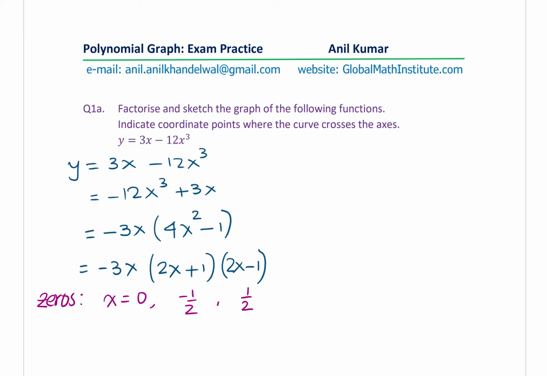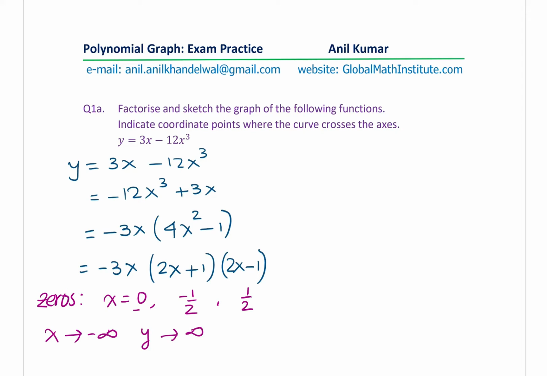We can find the value of the function at 0, which will be 0. So that is the y-intercept also. The end behavior: as x approaches negative infinity, what will happen to the graph? Well, the leading coefficient is negative, so y will approach positive infinity.